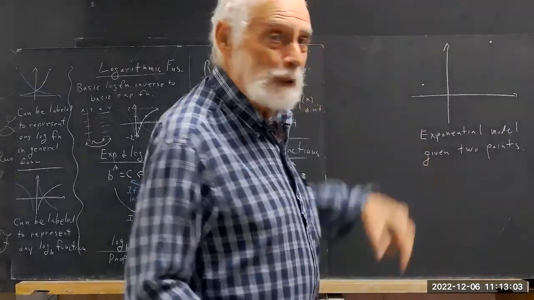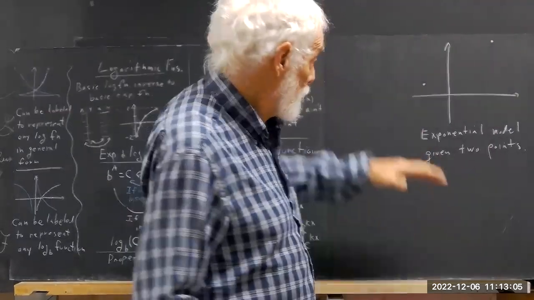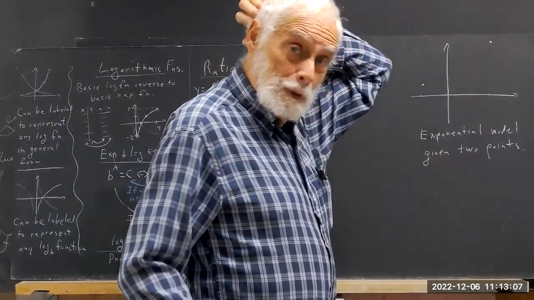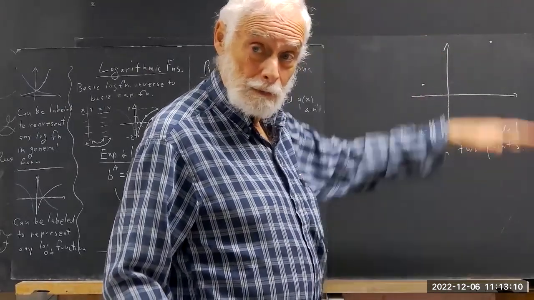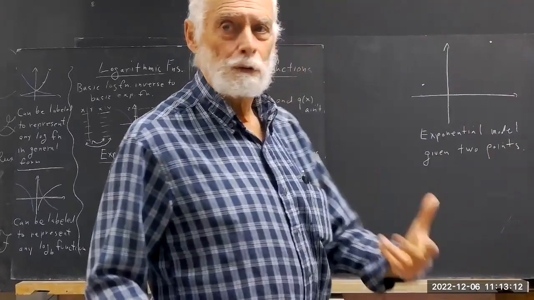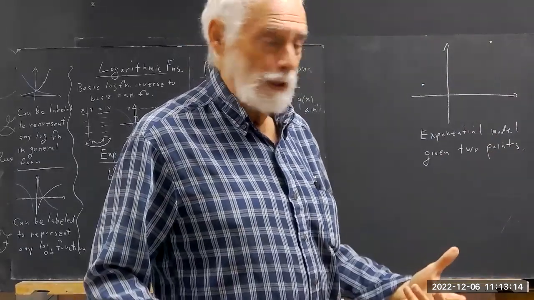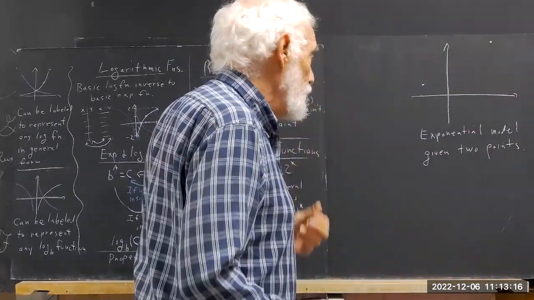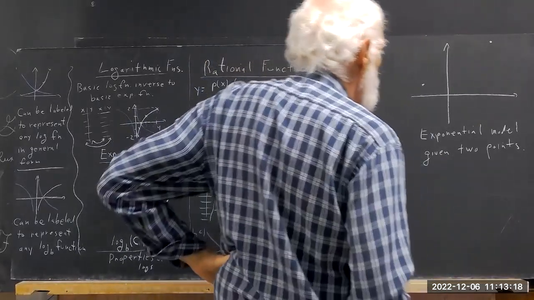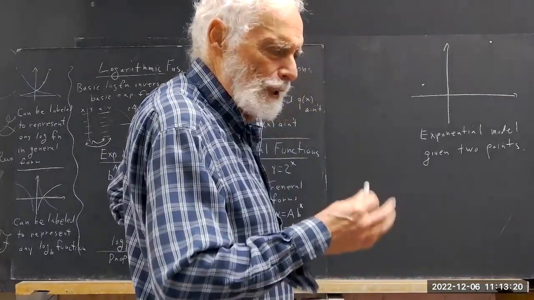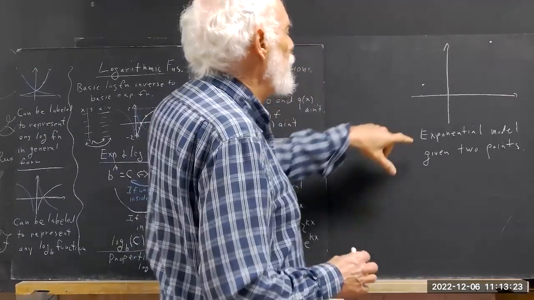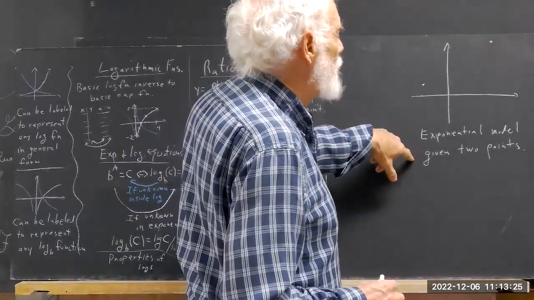Anyhow, exponential model given 2 points, excuse the exaggeration. The 2 points have to be on the same side of the axis unless you got a vertical shift. And then that gets tricky. So we're not going to be able to solve that one algebraically. Actually, we can, because of the slopes. We're not going to. Okay. How do you do it?